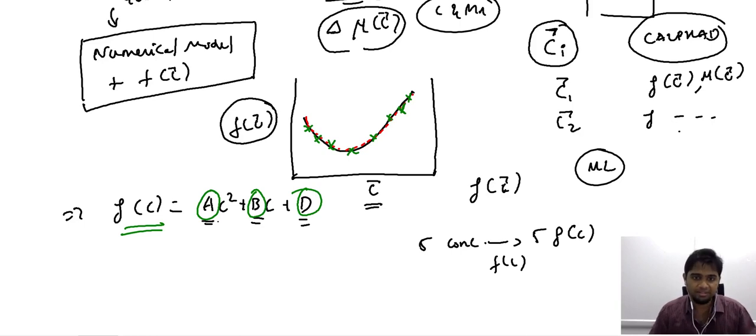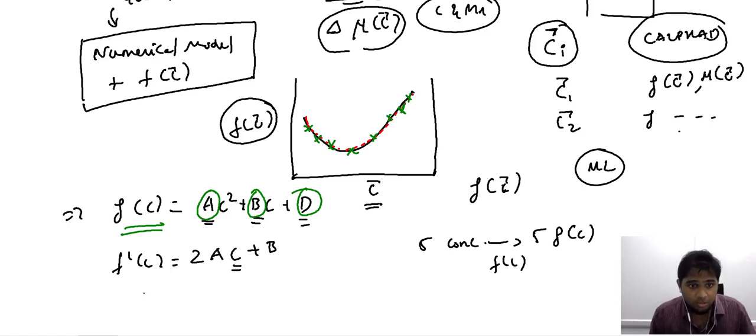Now when you take the first derivative of this function, f prime of c, you end up having 2ac plus b, where c is the variable. When you take the second derivative of this function, you end up having 2a.